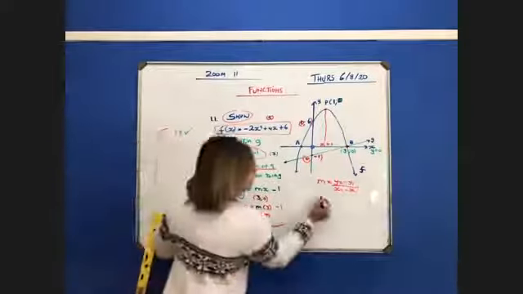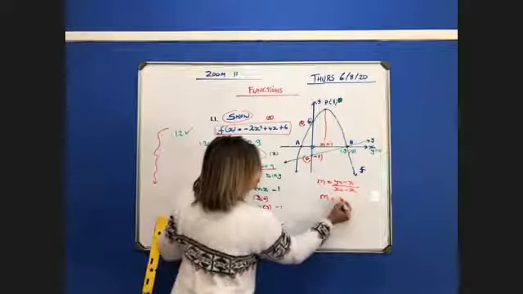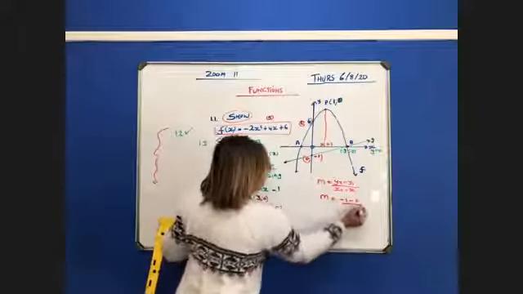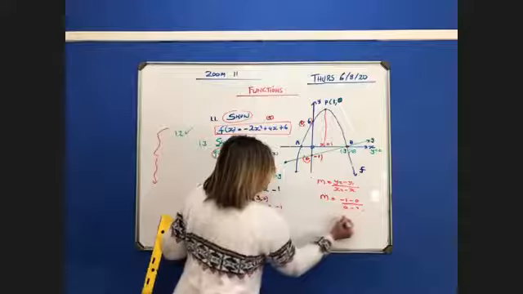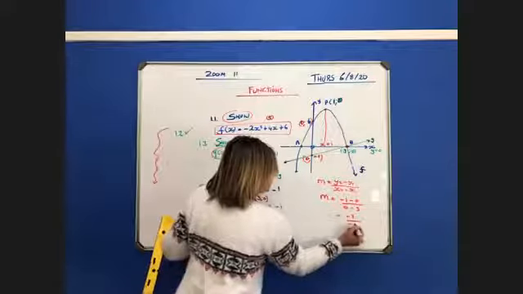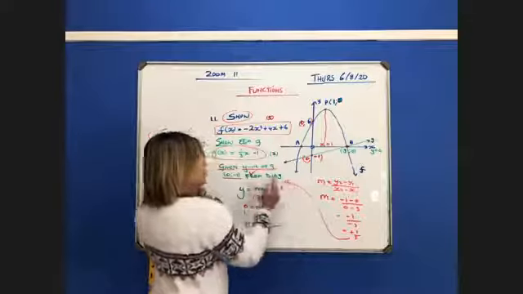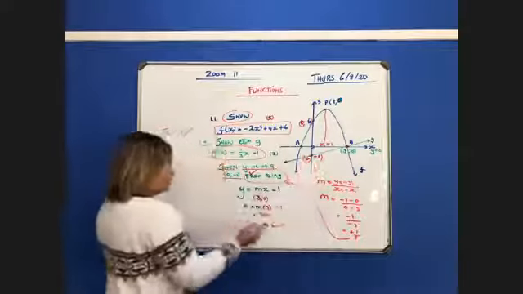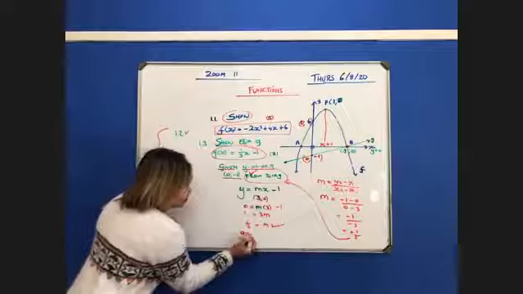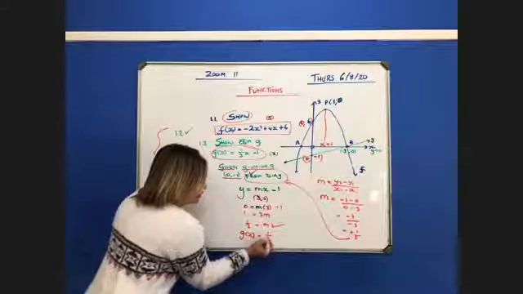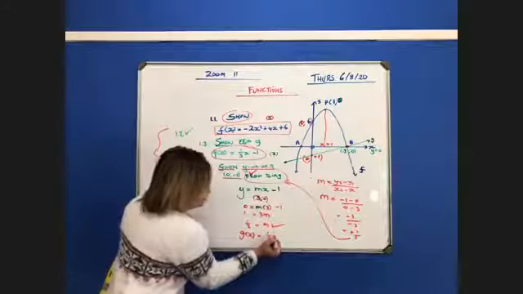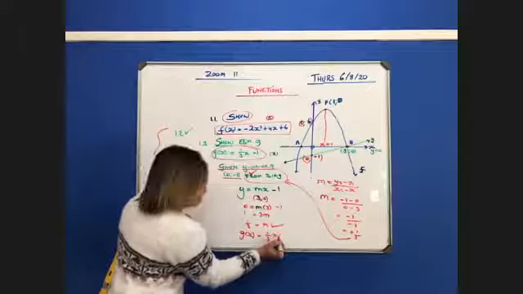If you do it this way, let's just quickly look. I'll show you. It's going to be minus 1 minus nothing over nothing minus 3, which is minus 1 over minus 3, which is a third. And then I would still say, given the y-intercept, and therefore the equation of G is as follows. Okay? This is a very old worksheet, and it's quite weird.